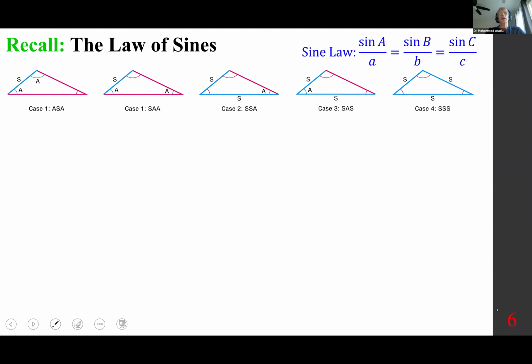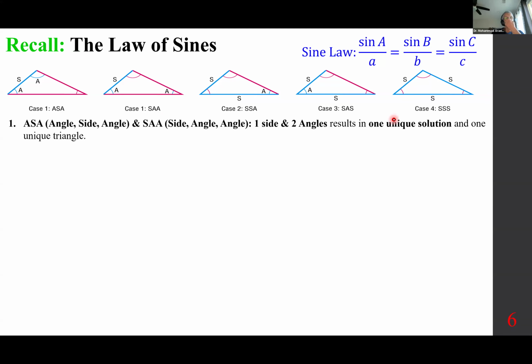The law of sines, or sine law, says sine of A over a equals sine of B over b equals sine of C over c. And we have 4 cases here. ASA, angle side angle, and SAA, side angle angle: one side and 2 angles results in 1 unique solution and 1 unique triangle.